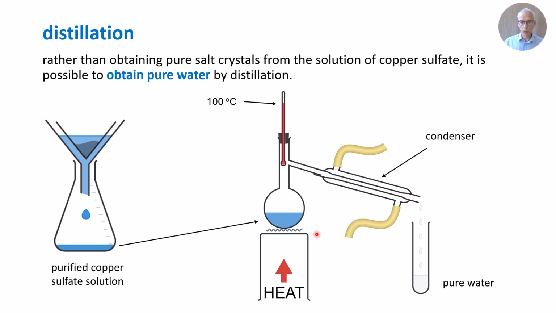So to obtain pure water, we heat and evaporate the water from the solution, which passes through the condenser, turns back into the liquid, pure water. Copper sulfate would remain in the flask.